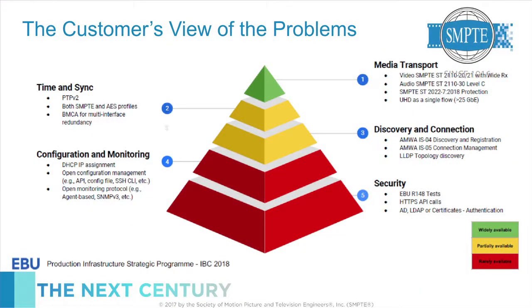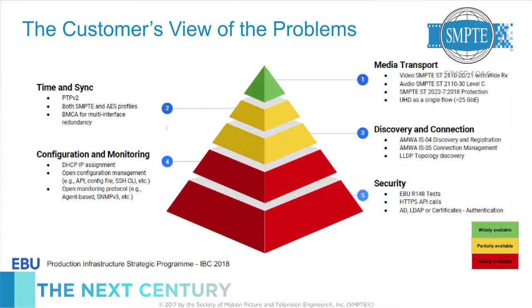So this was a chart that the EBU put together as voice of the customer. The EBU, if you don't know who they are, they represent the public broadcasters throughout Europe with a pretty liberal definition of Europe because Canada is somehow part of Europe, as are some other countries that you wouldn't necessarily think of as European.